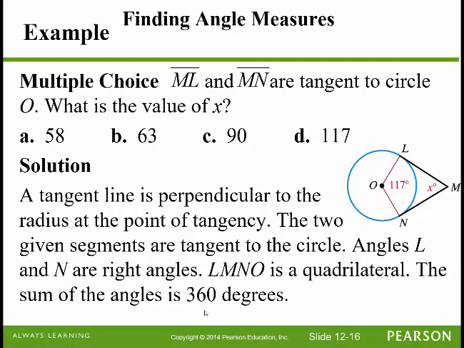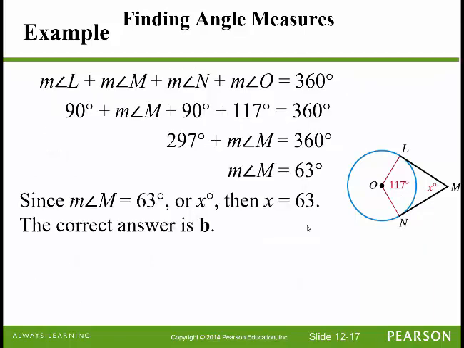A tangent line is perpendicular to the radius at the point of tangency. The two segments are tangent to the circle, so angles L and N are 90-degree angles. Then LMNO is a quadrilateral, and the sum of the angles in a quadrilateral must be 360 degrees. So it's 90 plus x plus 90 plus 117.